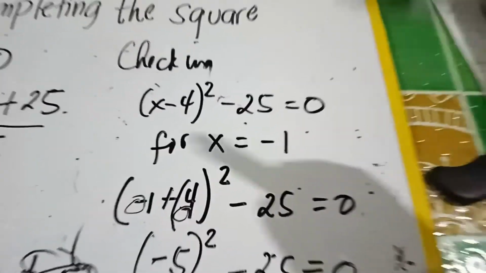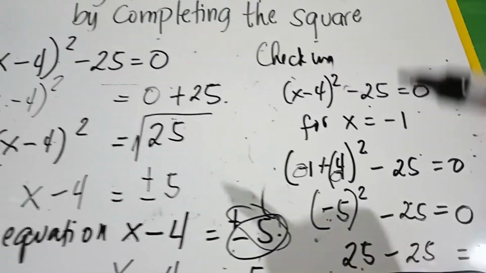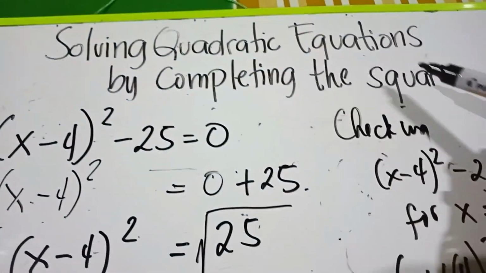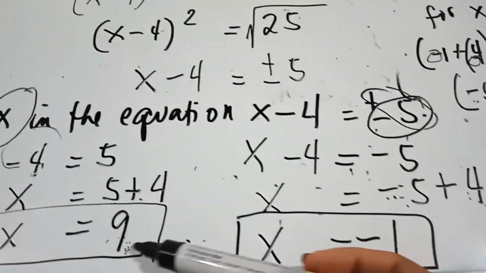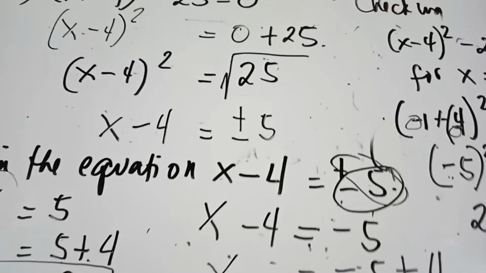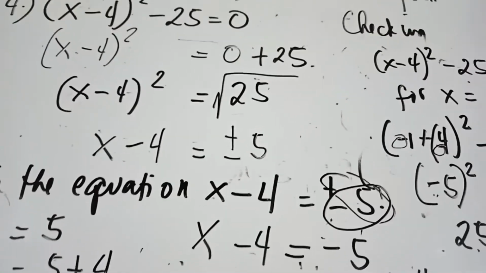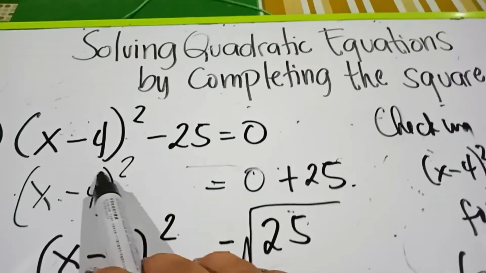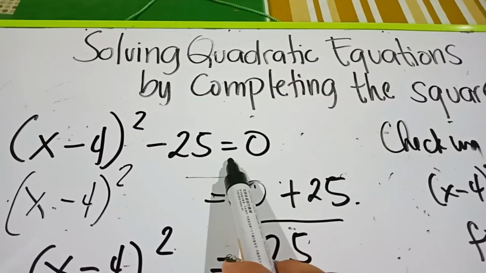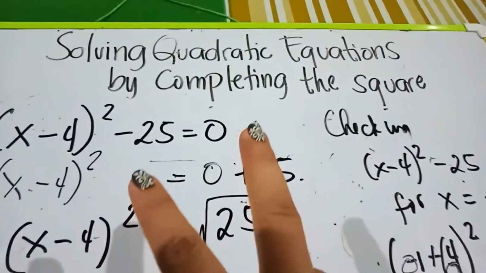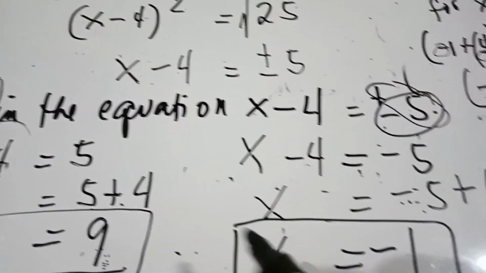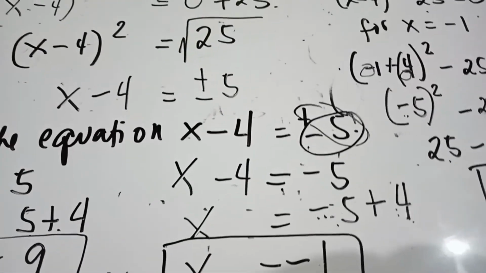Ibig sabihin, dalawa ang ating magiging solution sa given quadratic equation by completing the square, and that is positive 9 and negative 1. So, ang magiging sagot nyo dyan is that the equation x minus 4 squared minus 25 is equal to 0 has two solutions, that is x is equal to positive 9 and x is equal to negative 1.